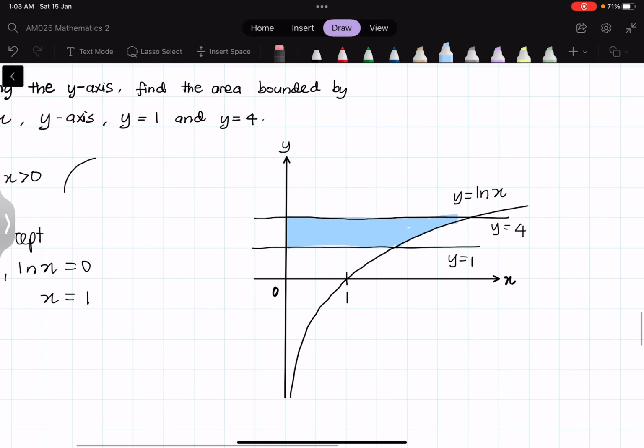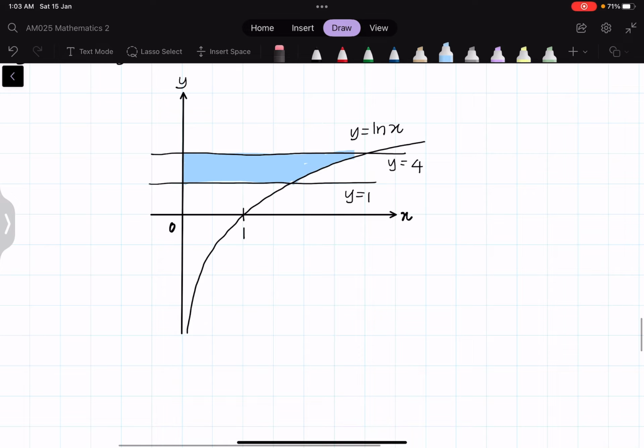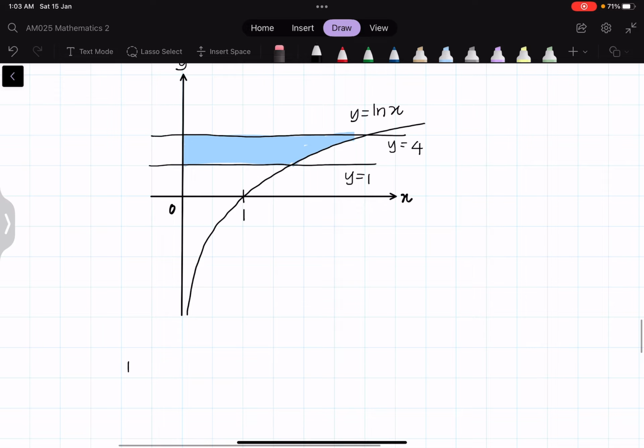So now let's find the area. We're going to use the y-axis. We're going to take the limits from the y-axis, 1 and 4. So the lower limit will be 1 and the upper limit 4.